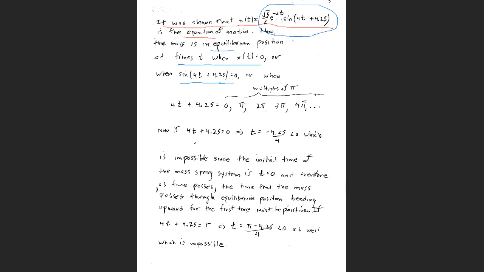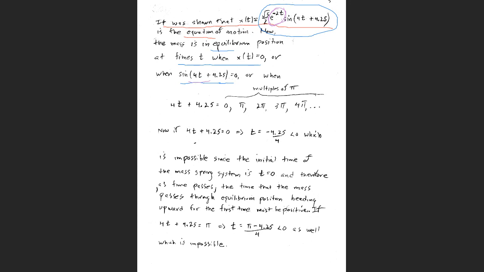Will the e to the negative 2t part ever equal 0? No, it will not. So it all depends on the sine function being equal to 0. If the sine function equals 0, the mass is in equilibrium position.